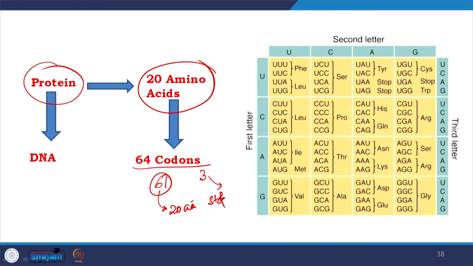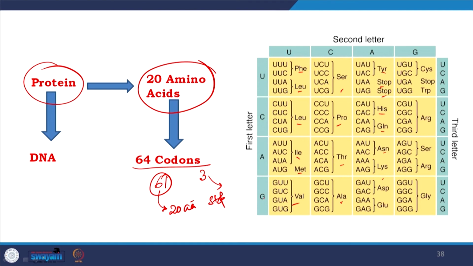This is the codon library where you see the relation between the amino acids and the nucleosides. These are stop, histidine and so on.